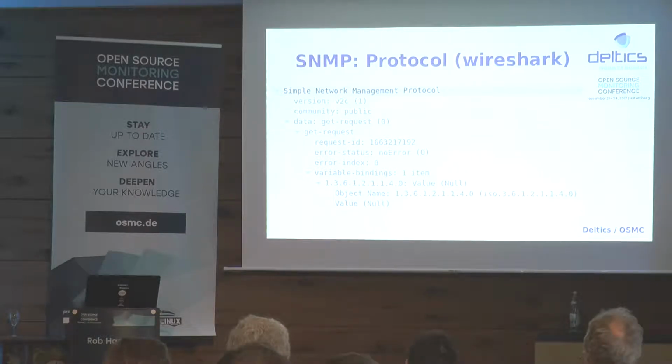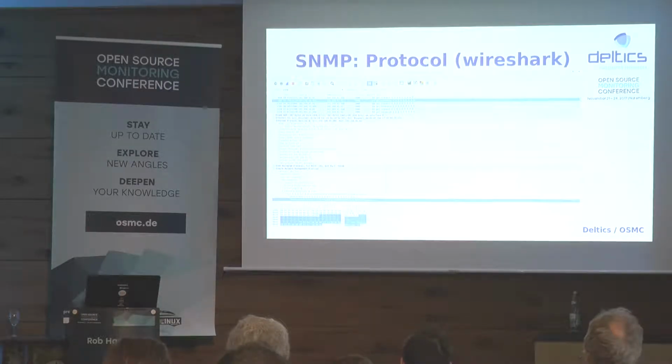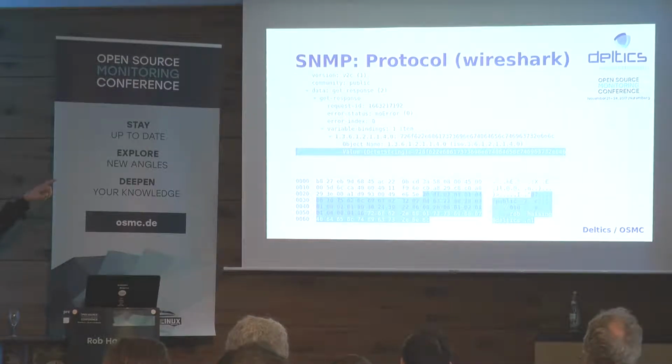In this case, the OID is asking for, I think, the contact from this system. An answer is sent back. You also see it's again version 2C, it's public, and it's the GET response in this case. We see over there that it's my name for the contact person for this system.